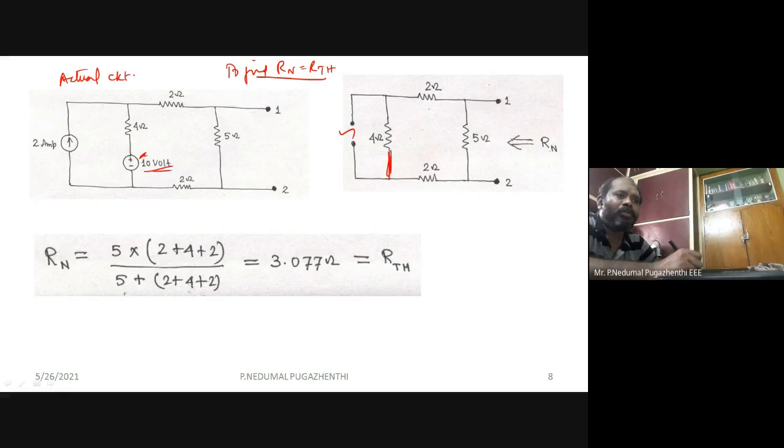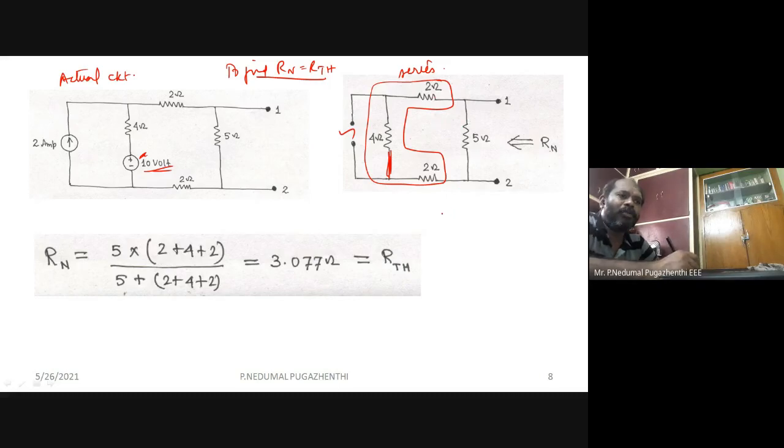Now I will try to see the relation between these resistor connections. You can see that these three are in series, and this combination is in parallel with 5.